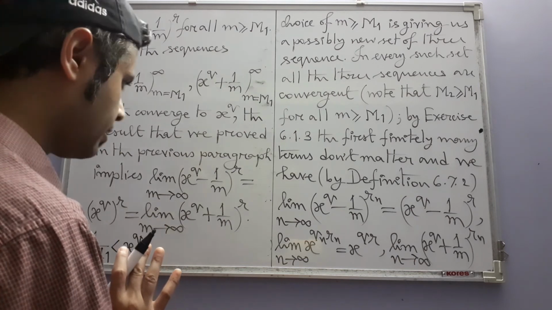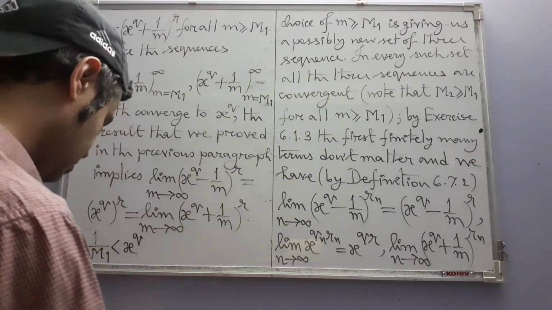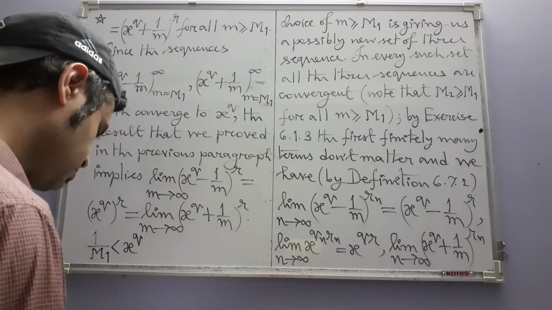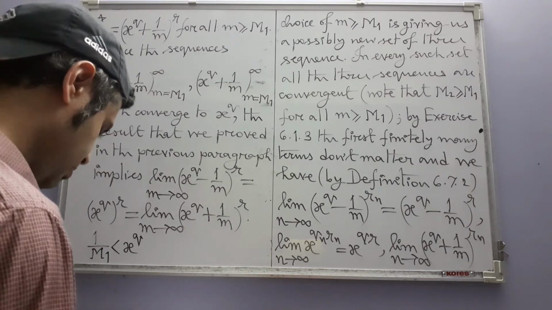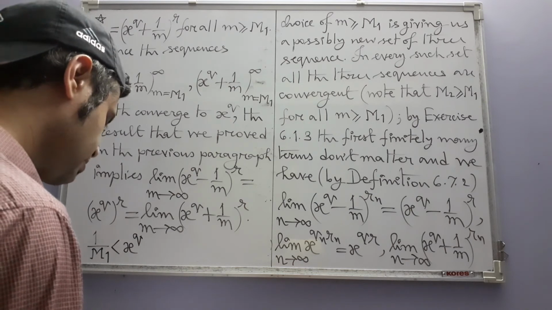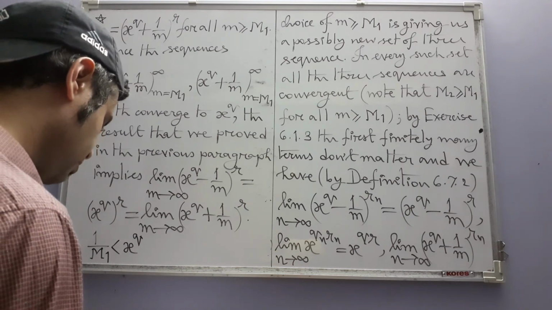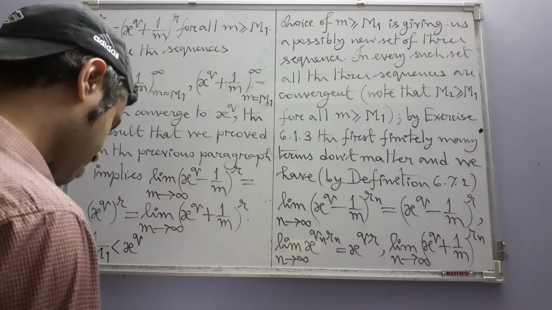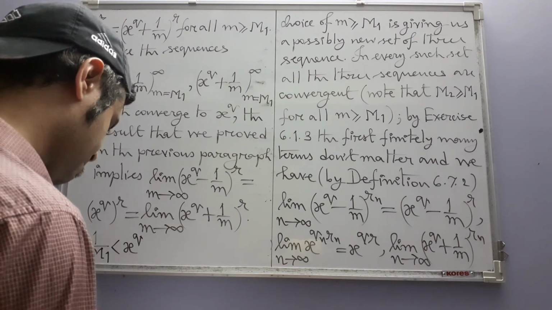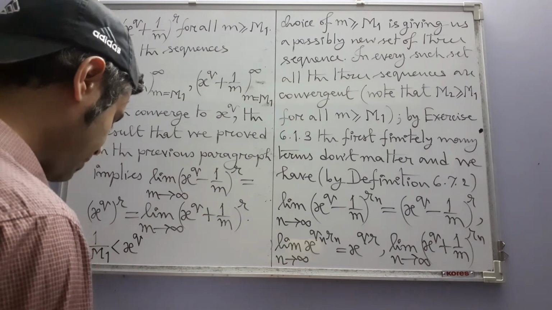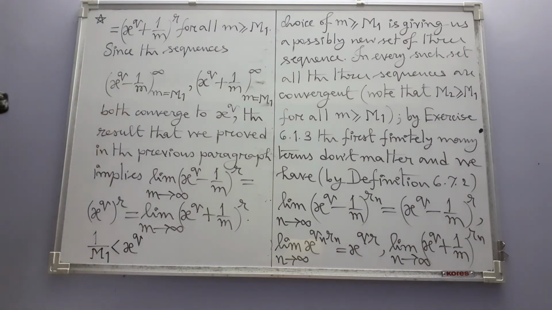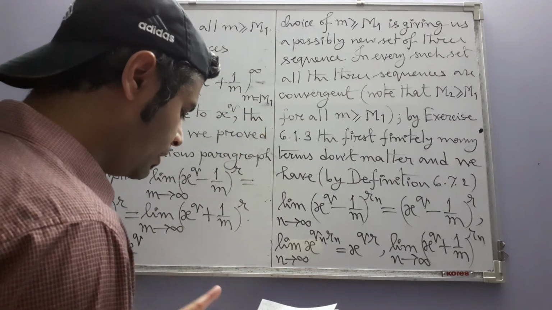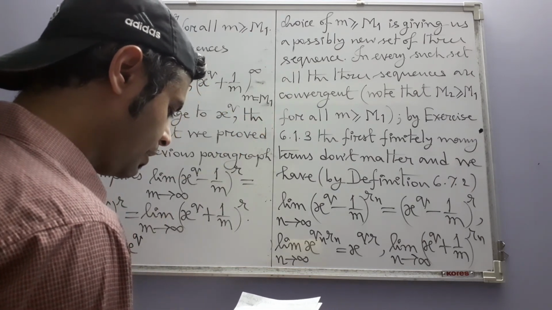Wait, have I made a mistake here? Let me just see. According to that result, R is a positive rational number.